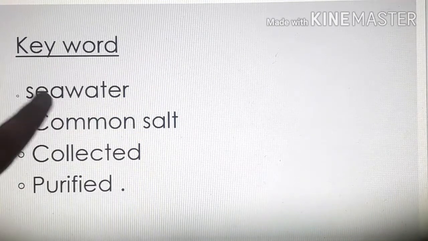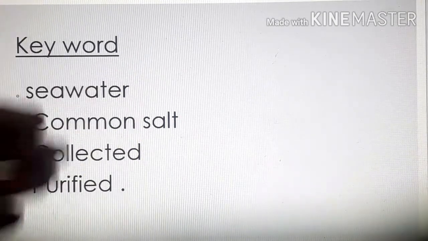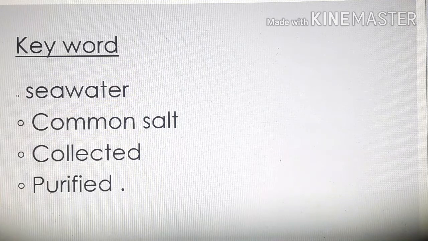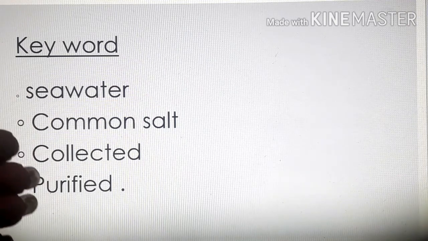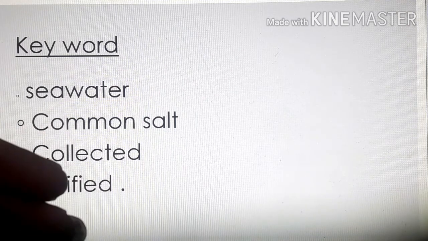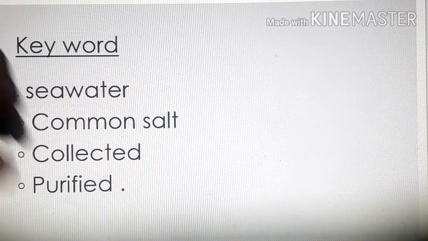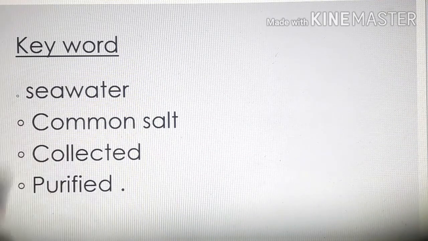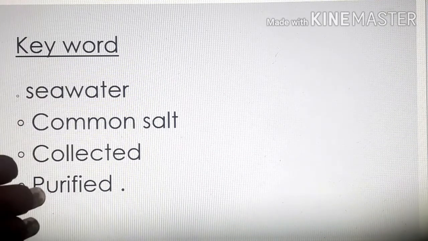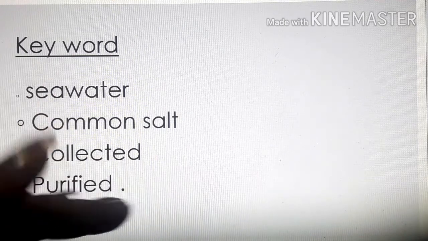So salt is separated from the sea water. How, children? It is separated in open ponds. Then with the heat of the sunlight, the water changes to water vapor. Then what remains?